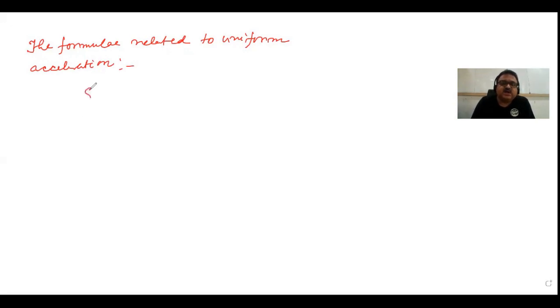Number one, S is equal to ut plus half a t square. We have to remember in this case, these are all actually vector equations, correct? So the actual equation is this: S vector is equal to u into t plus half a t square.